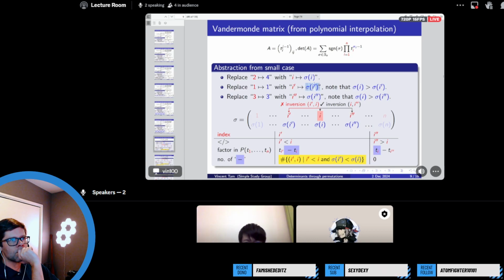So we want sigma i to be chosen. That's why we want to ensure that sigma i is strictly greater than sigma i dash, and that sigma i is strictly greater than sigma i dash dash. This is just a word game to see that this sigma i is greater and this sigma i dash is smaller.